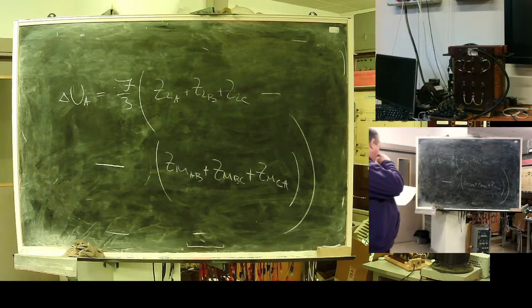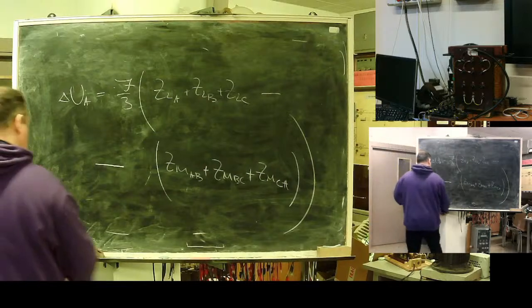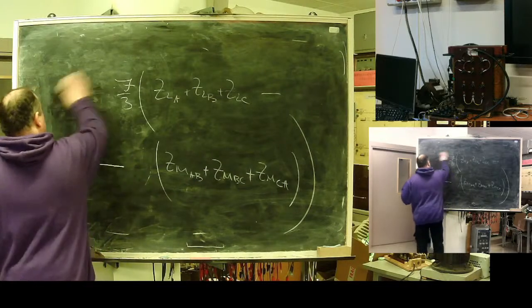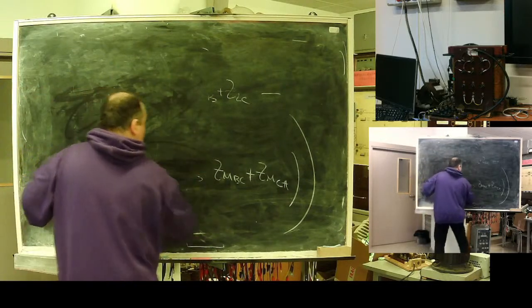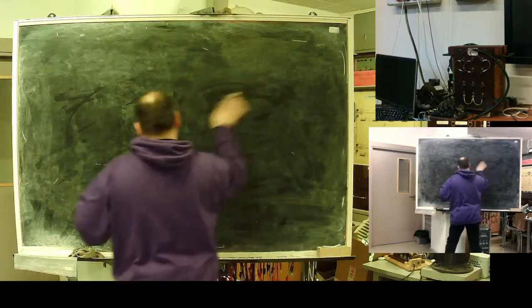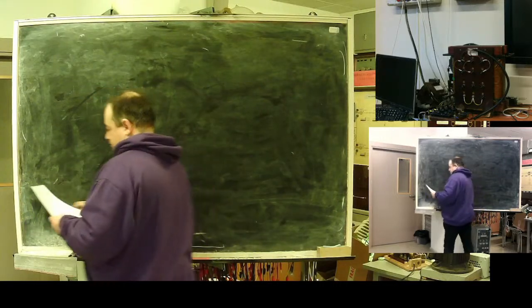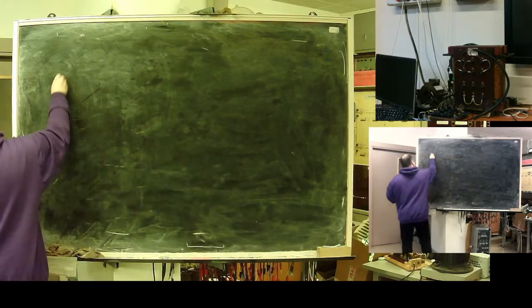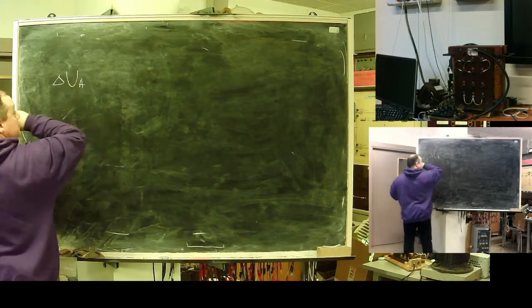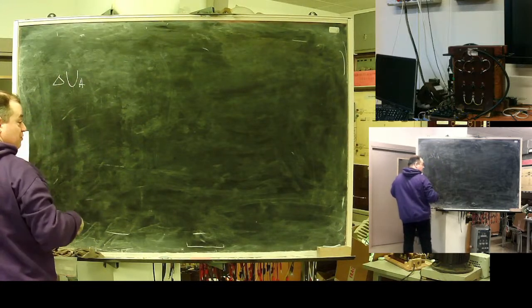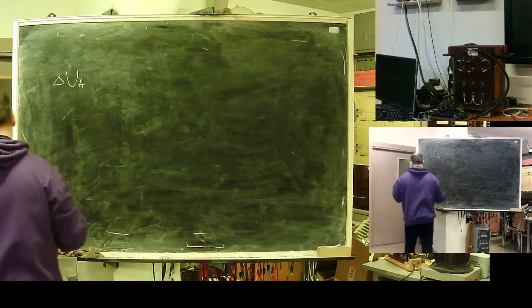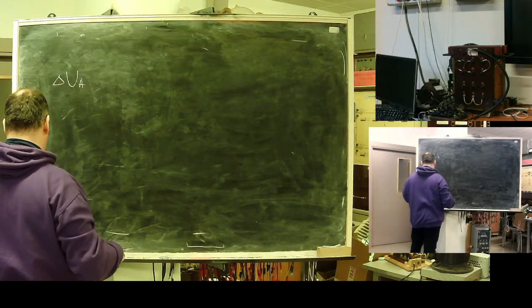So what can I write? I will use values for self and mutual resistance.